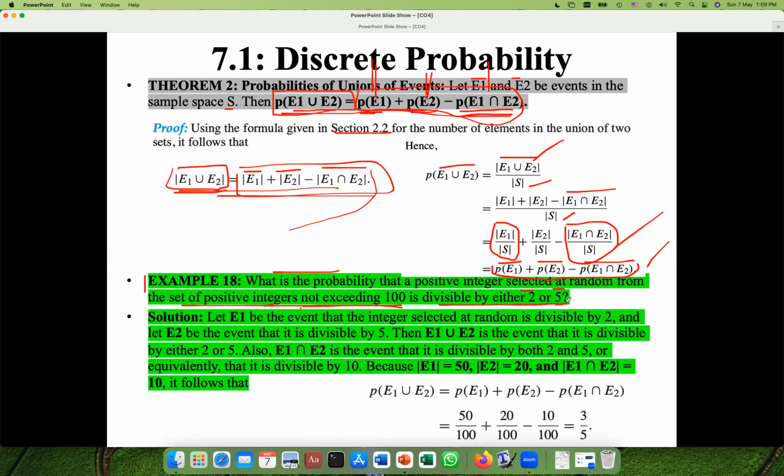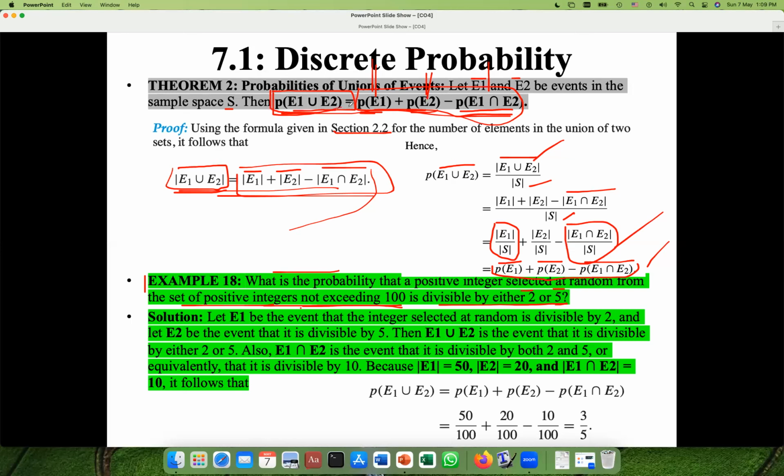So if you select some number, it could be divisible by 2, some numbers will be divisible by 5, some numbers will be divisible by both 2 and 5, because we have an OR. So you have to think in that way.